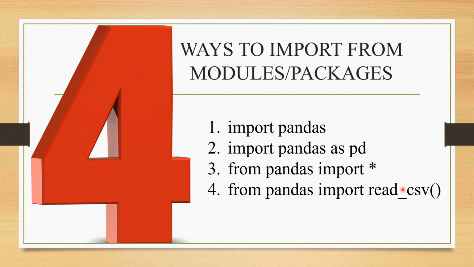You can just directly use the function like read_csv. Here you would need to use pandas.read_csv. Here pd.read_csv. Here just read_csv. And here from pandas import read_csv, so just read_csv.